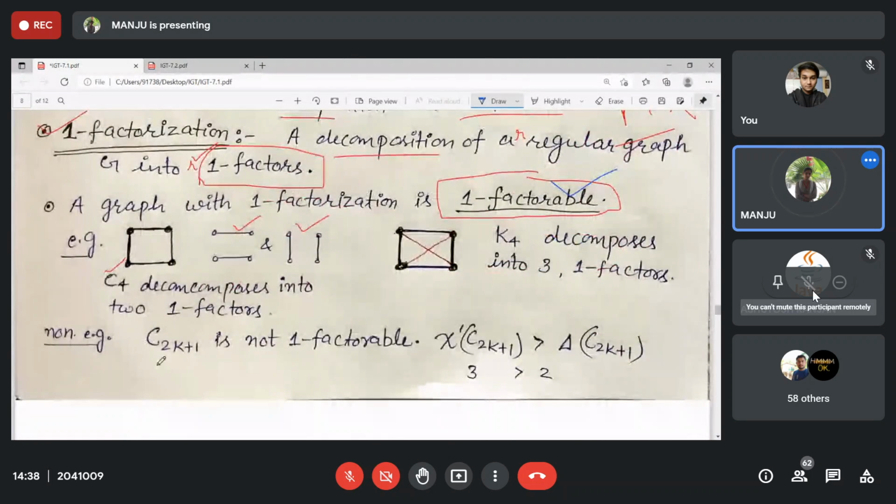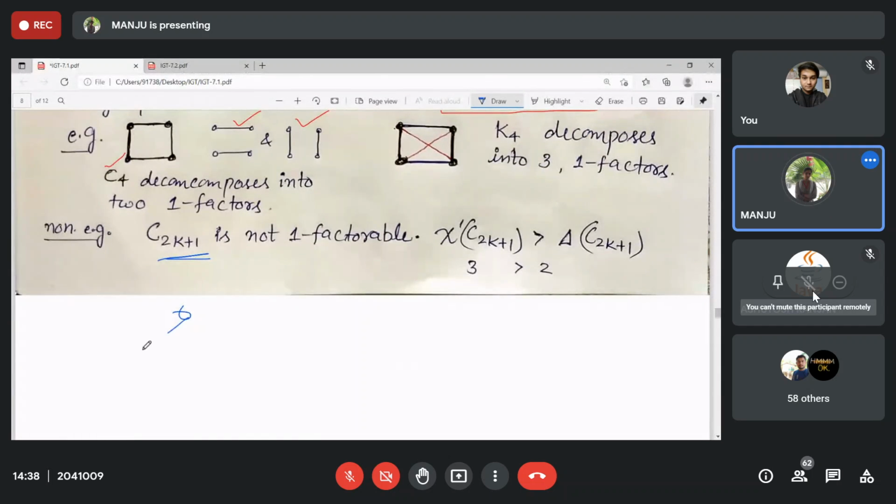Odd cycle. C3. C5. How much coloring? 2 coloring, 3 coloring. 3, right? 1, 2, 3. 1, 2, 1, 1, 2.